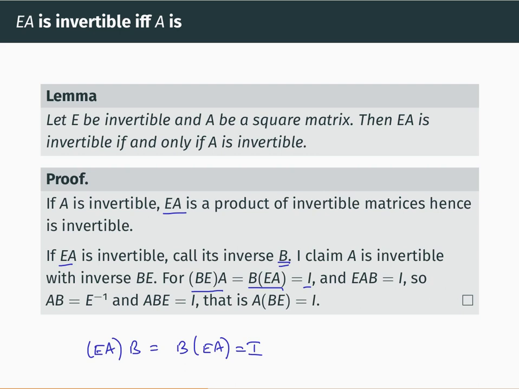Conversely, or rather to do the other equality, E times A times B is equal to the identity because B is the inverse of EA.